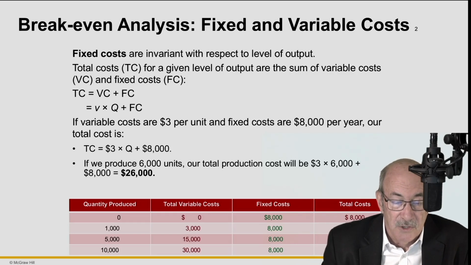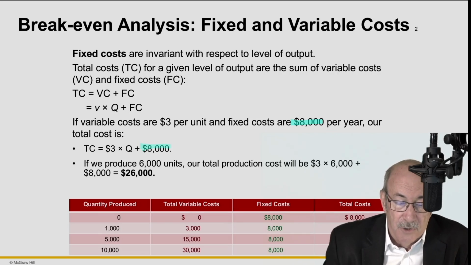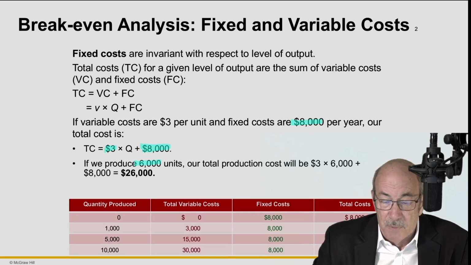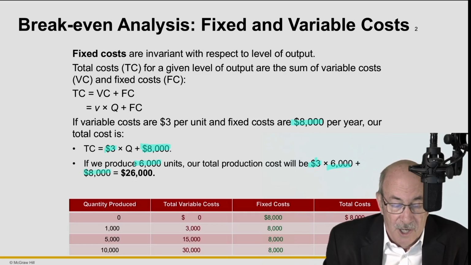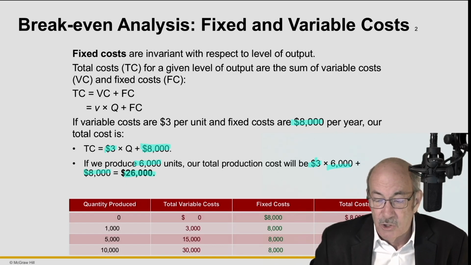And in this case, we're told that the fixed costs in this particular example are $8,000 per year. So there's our 8,000. We have variable costs of $3. And suppose that we produce 6,000 units. So that would be $3 times the 6,000, or $18,000, plus the 8,000 fixed costs gives us 26,000 in total costs.